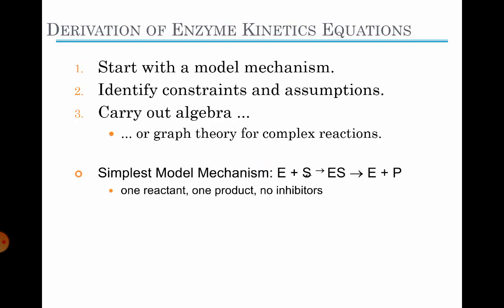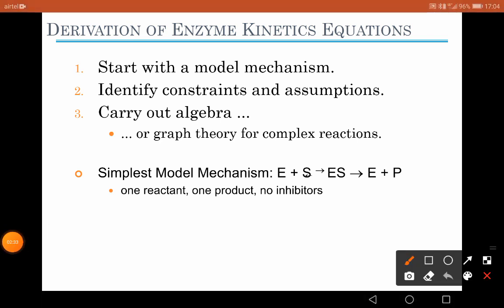The derivation of the enzyme kinetic equations starts with a model mechanism, identifies constraints and assumptions, and carries out algebra. The simplest model mechanism is enzyme plus substrate forming an enzyme-substrate complex, which gets converted into enzyme plus product: one reactant, one product, without inhibitors.